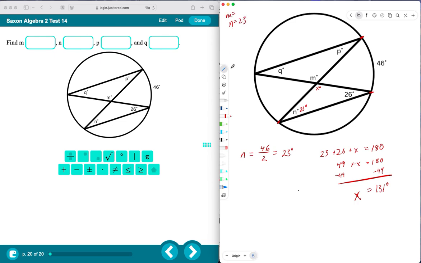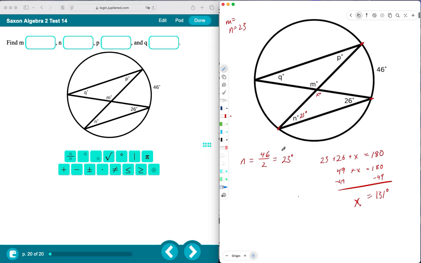M is equal to, let me scroll this down just a bit. If X is 131, we know that these are congruent because they're opposite angles. So M is equal to 131 also, right? Now, the other thing we know is that this point and this point are shared by this angle here. So this angle is going to be the same degree of measure as N. N is going to equal Q, so Q is equal to 23 degrees also.